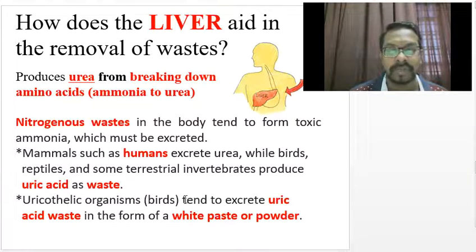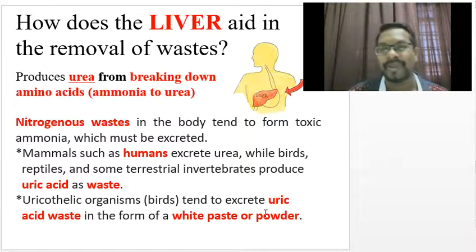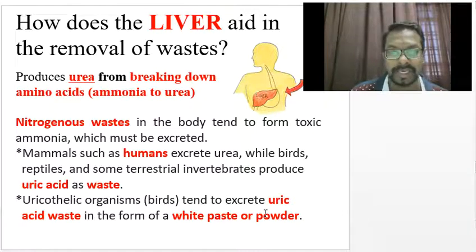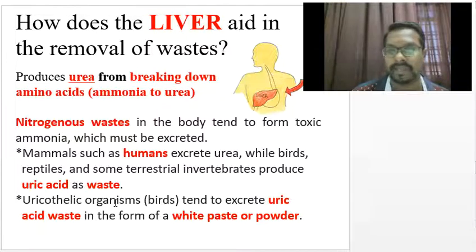Uricotelic organisms like birds tend to excrete uric acid waste in the form of a white paste or powder. You can see a lot of white paste on our car when we park under the tree, right? That's the waste product from birds. Uricotelic organisms, what do they mean by uricotelic organism? Find out. I'm going to ask you maybe in the next session.